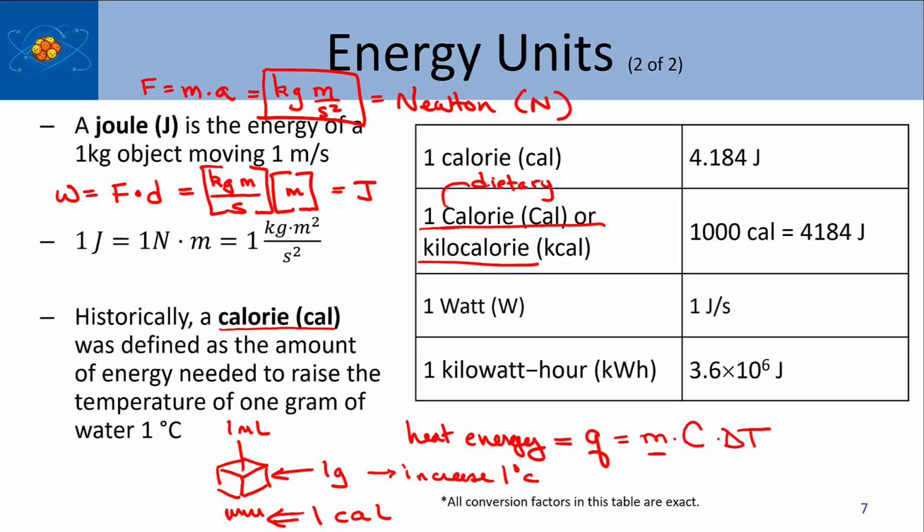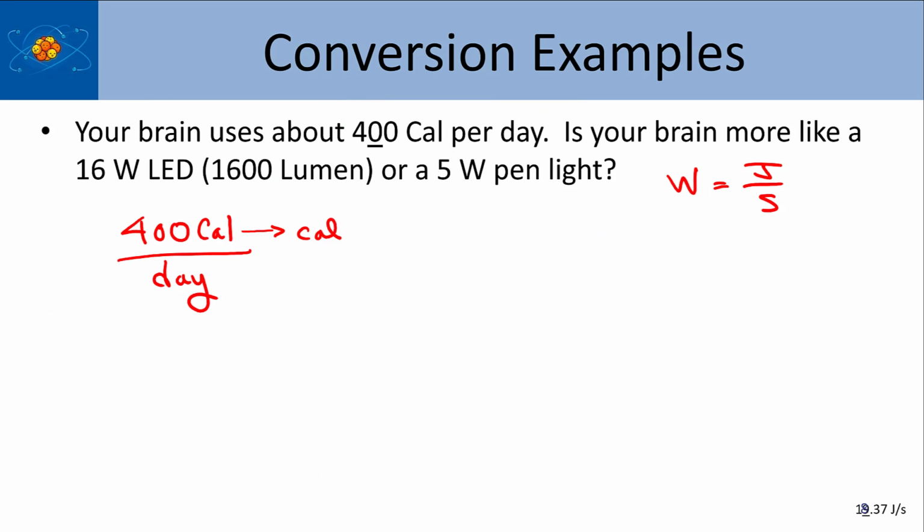And then once I get it to the lowercase calorie, I can get it over to joules. So calorie will take us to joules. And then the day is a fairly straightforward time conversion. I'll get it into hours, then into minutes, and then into seconds.